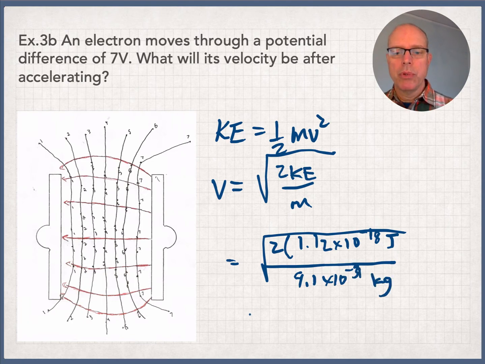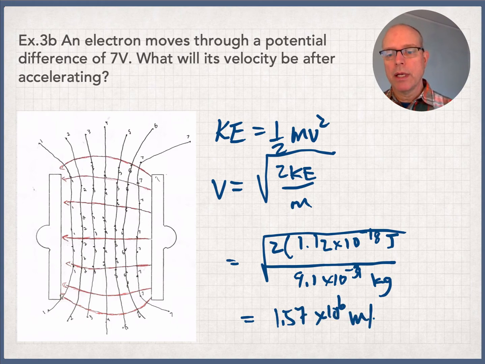When we pull the trigger on that, we'll figure out that the velocity of the electron is 1.57 times 10 to the 6, and that's in meters per second. Okay, so that's an example where you're going to bridge from the small world to the big world and how to do it.